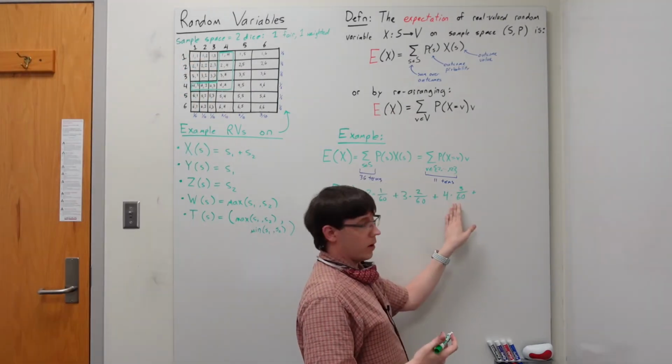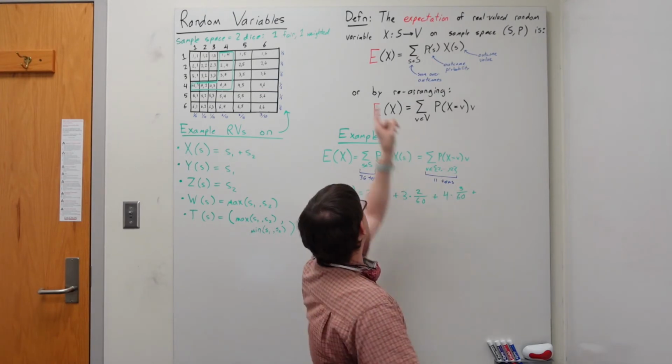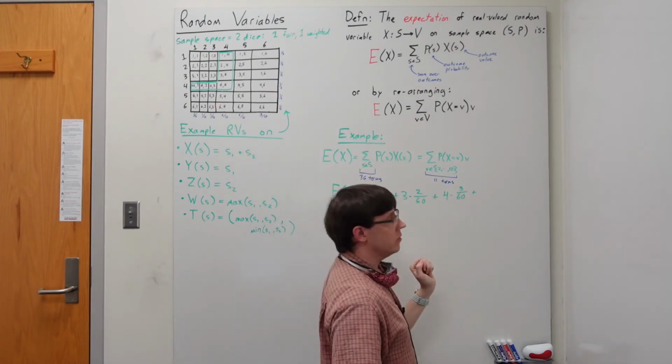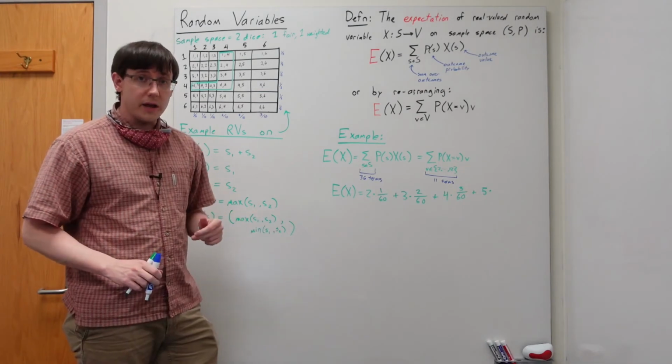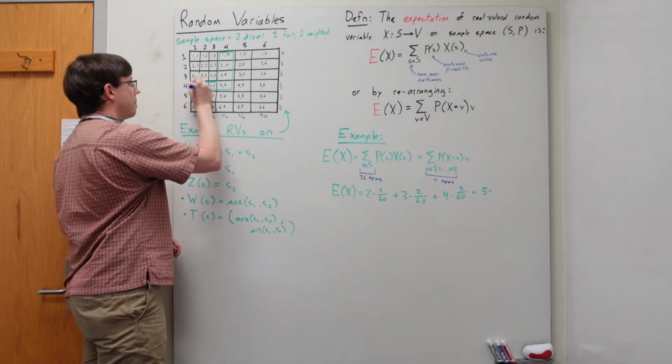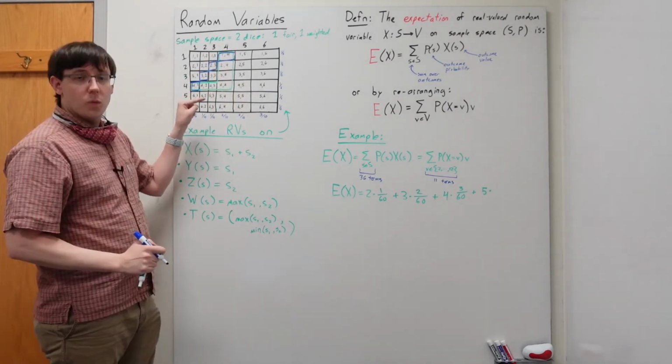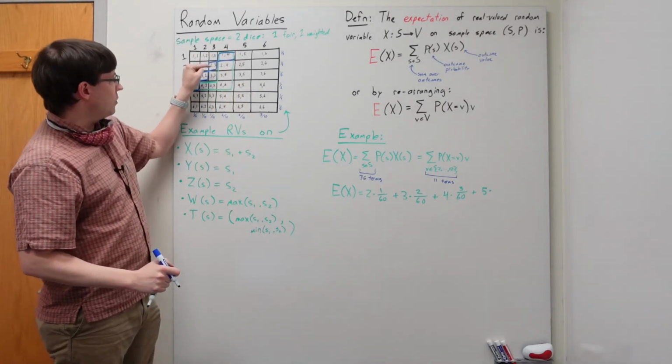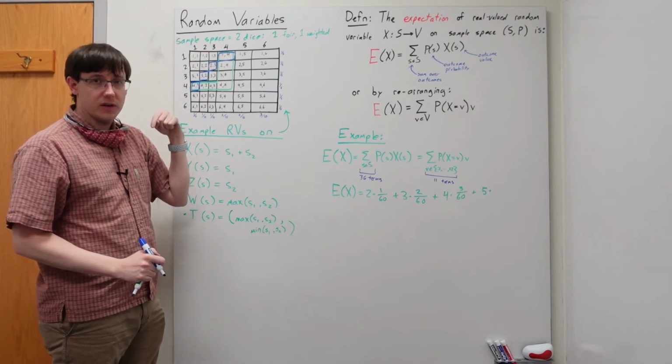For value 4, we have 3 of the 1/60th boxes. For value 5, we are talking about the probability of this event, which is 1 plus 1 plus 1 plus 2 over 60.